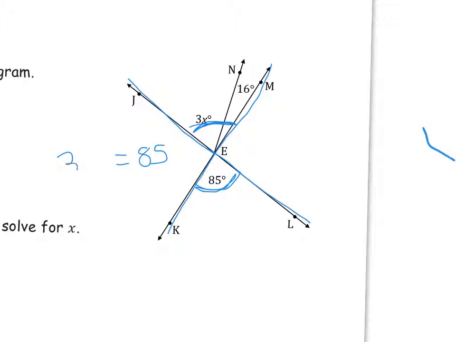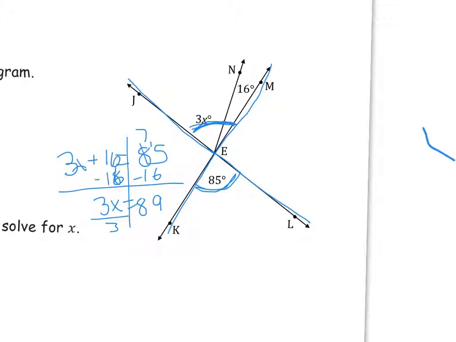So now I can do 3x plus the 16 equals 85, and I can solve that equation. So 3x equals, oh my goodness, 89 minus 16, oops, sorry, that's 69, divided by 3, so x should equal 23.